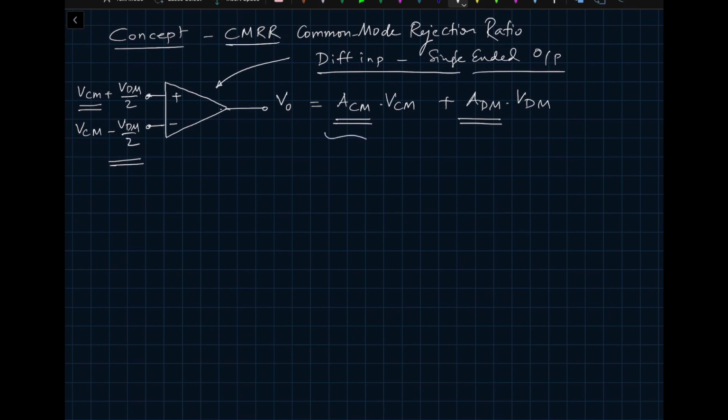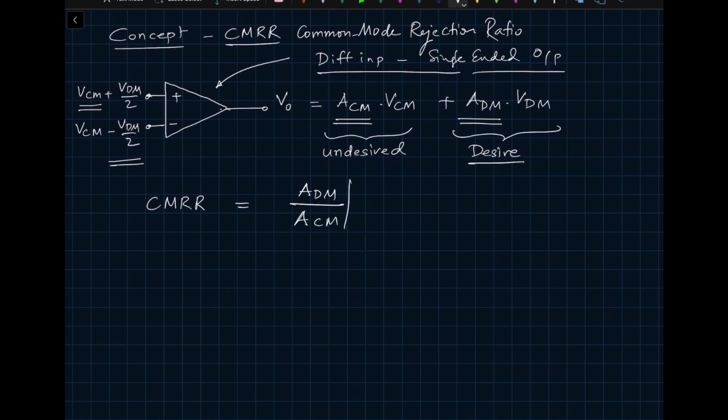So this part, if you remember from the examples I told you earlier, is the undesired portion, and this part is what we desire. Common mode rejection ratio quantifies the ability of an amplifier to reject common mode signals. It's given as CMRR equal to ADM, the differential gain, divided by ACM as a ratio.